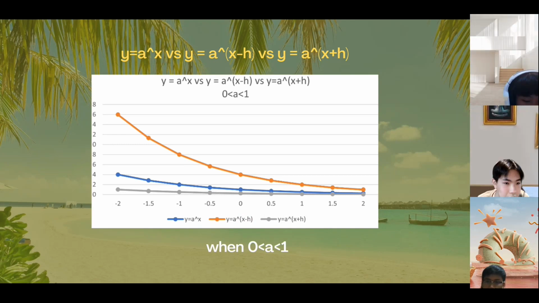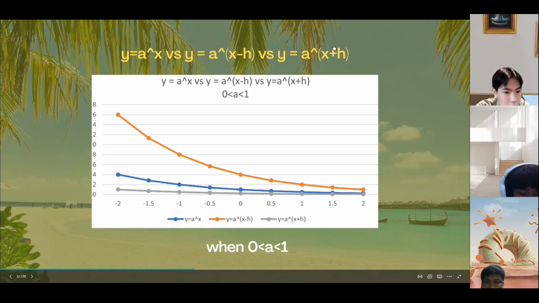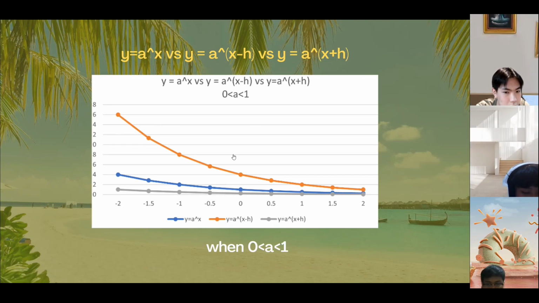Okay, and for this one, we can determine that a is more than 0 but less than 1. The difference between y that is a times x, which is the blue one, the orange one that is y equals a times x minus h, and the gray one that is y equals a times x plus h.